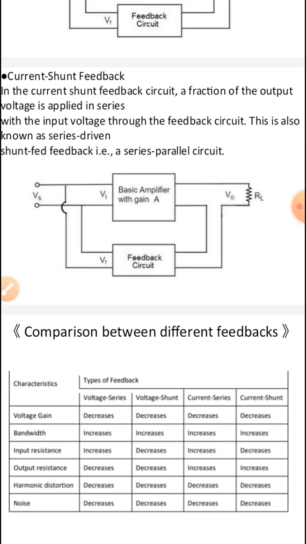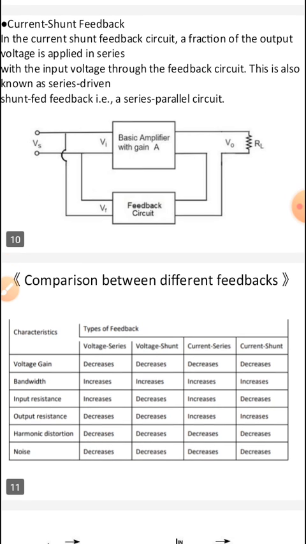Here at the output it is in series and at the input it is parallel, so it is a series to parallel circuit. As the feedback circuit is connected in series with the output, the output impedance increases, and due to the parallel connection with the input, the input impedance is decreased.